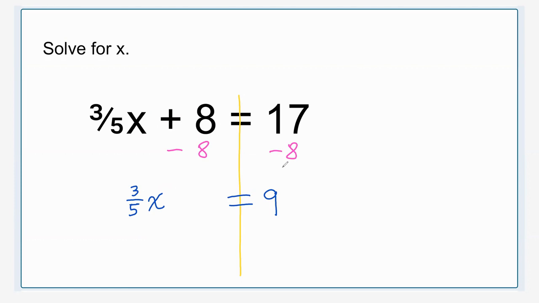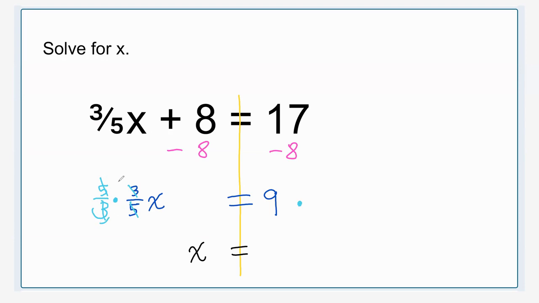Now, since I want to divide by 3/5, which is really the same as multiplying by the reciprocal, to get rid of this I multiply by the reciprocal, and therefore on the left side I just have the x. On the right side, I will multiply 9 times the same value I multiplied here.